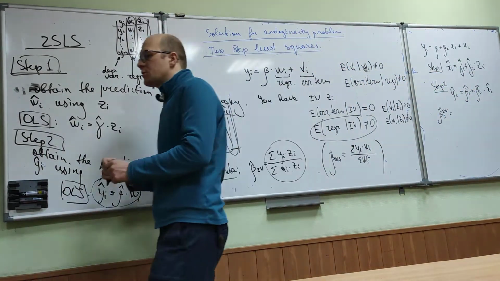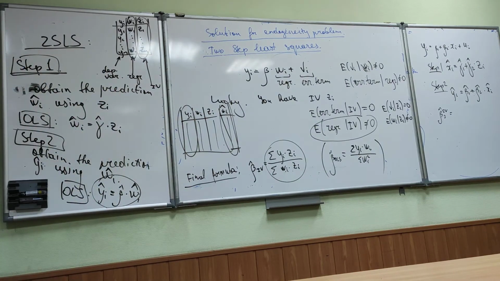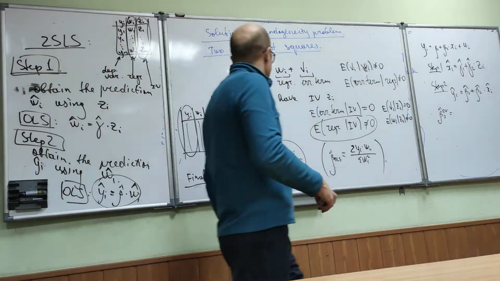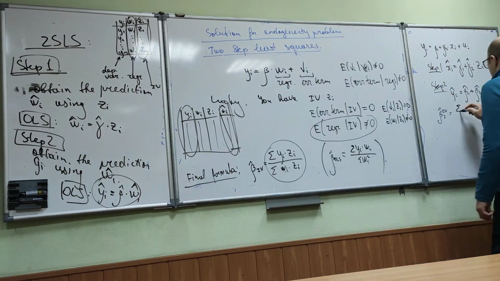But what changes when we have a constant in the regression? Beta hat changes. Yeah, how? Changes by y bar.